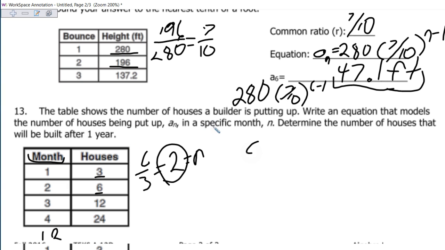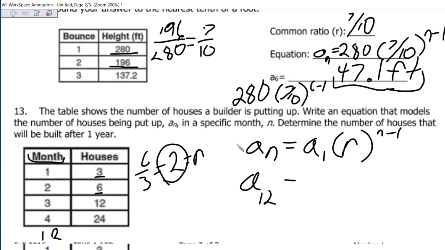So A sub n equals A sub 1 R raised to the n minus 1. So we're going to go A sub 12 equals A sub 1. We started off at 3 houses, and our R is 2, and we're going to raise it to the 12 minus 1 power.